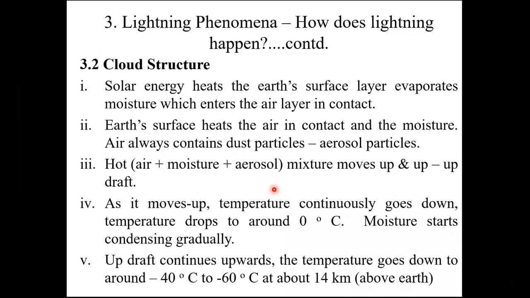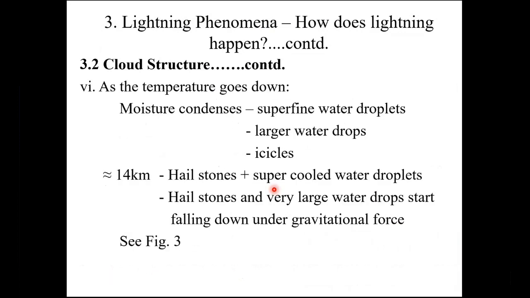They grow into larger and larger drops. And then the temperature goes down much lower. As you go higher up, they freeze into small icicles, initially very small ice particles, which grow into what we call hailstones. So we now have superfine water droplets, larger water drops, icicles, and around 14 kilometers, hailstones.